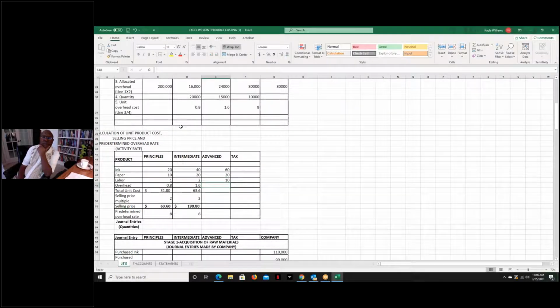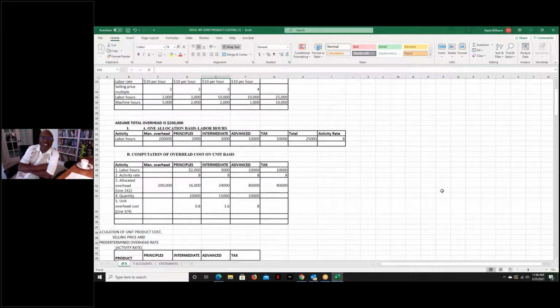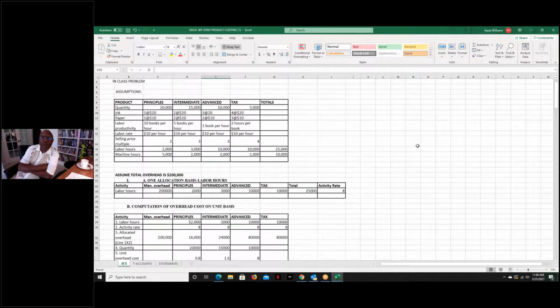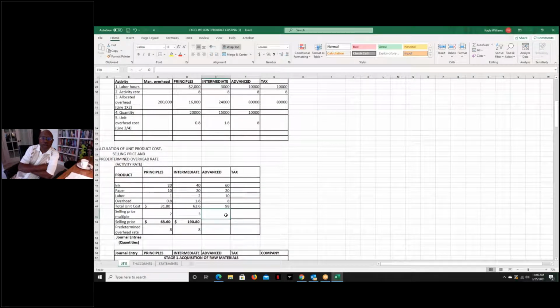And the overhead we figured out was 8. And hold up, I'm about to get fancy now. We're gonna use the autosum. And the selling price multiple for this one is 3.